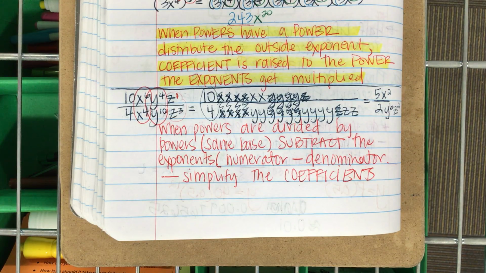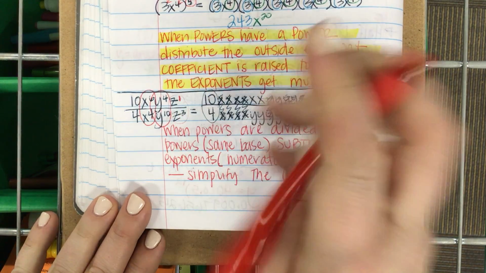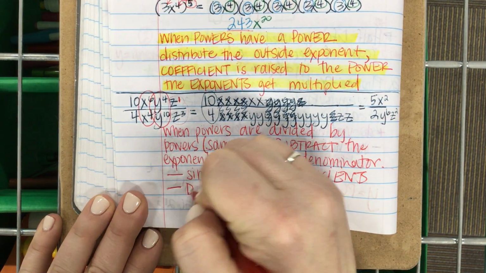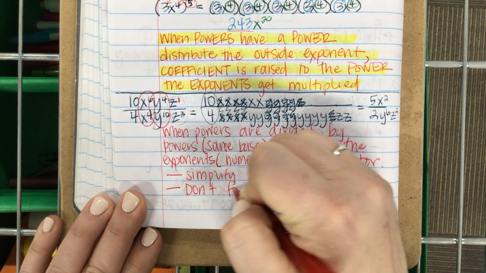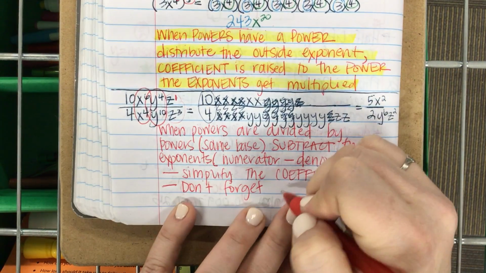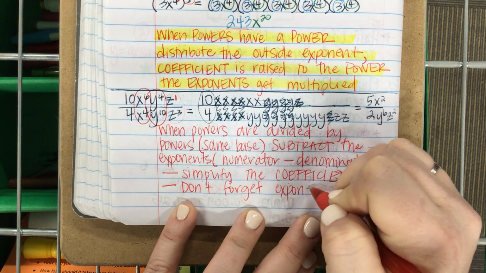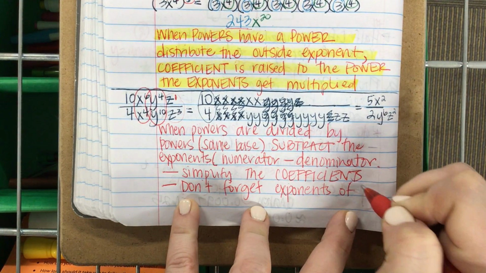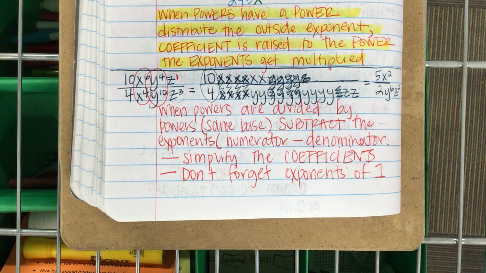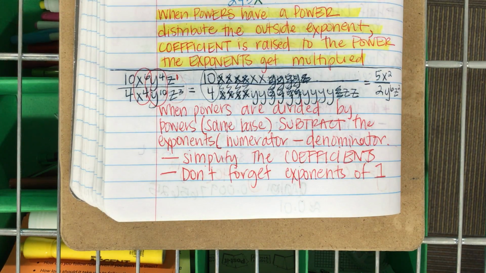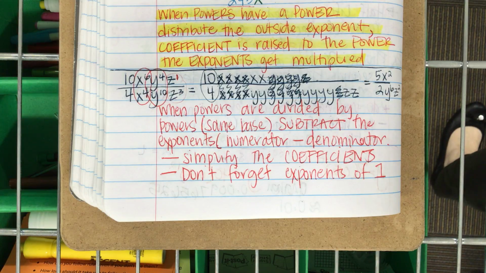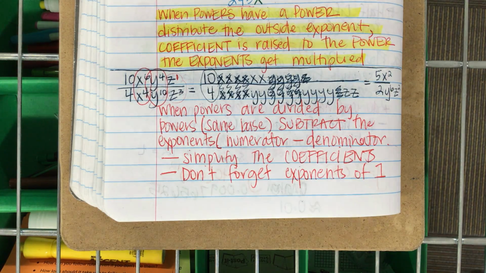I'm going to tell you right here, right now, especially in the beginning, don't forget exponents of 1. That's huge. Don't forget exponents of 1. That's the biggest mistake, is you start using this trick, this rule, and you forget that there's an exponent of 1.